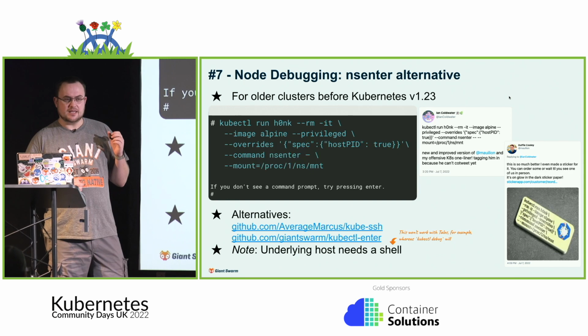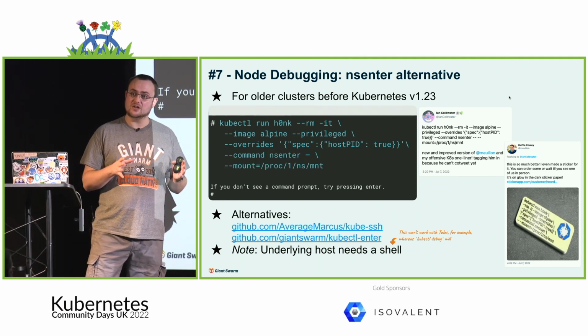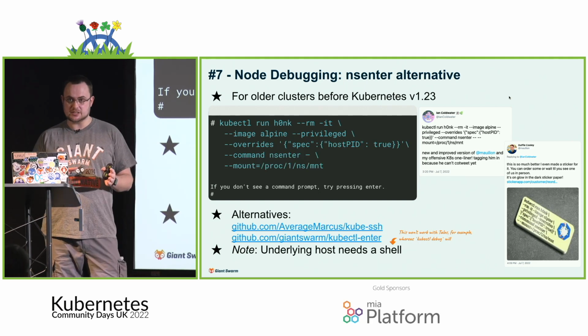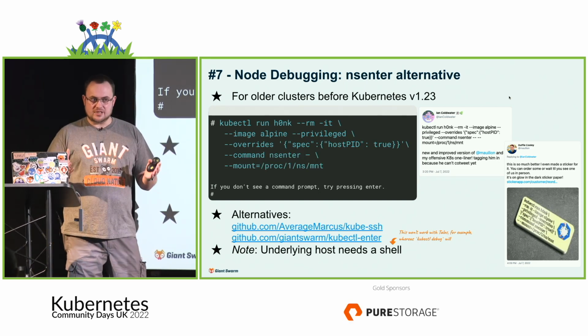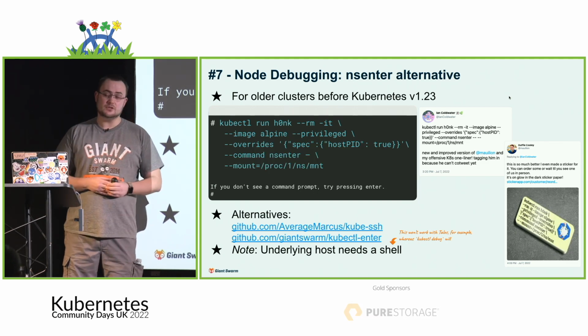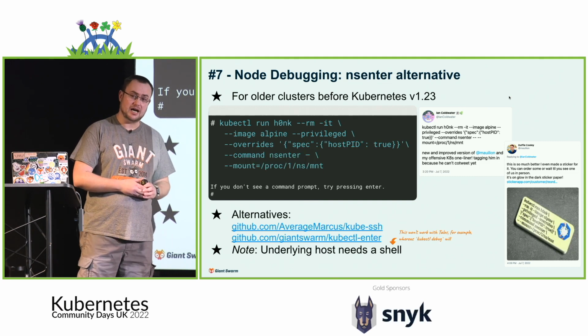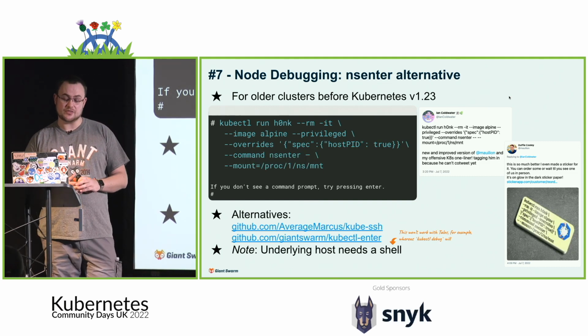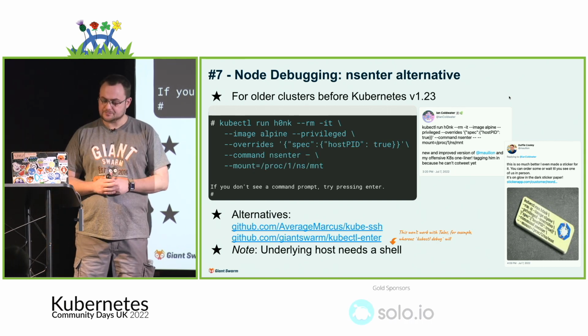The host node itself needs an interactive shell to be able to do it. Now you may think that that's a common thing, that every host node will have this. But if you've used Talos, for example, that's a Kubernetes distribution that does not have a host shell. So this approach will not work on that, whereas kubectl debug will.